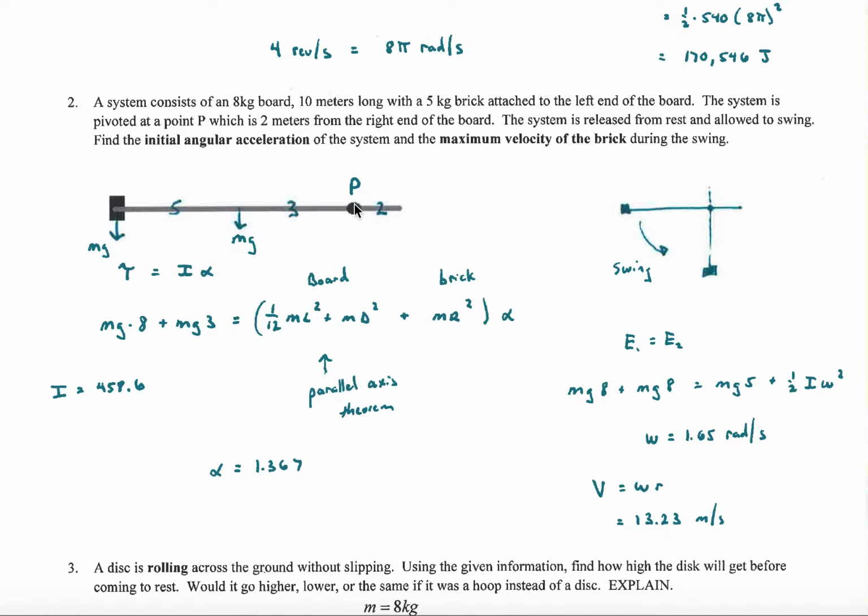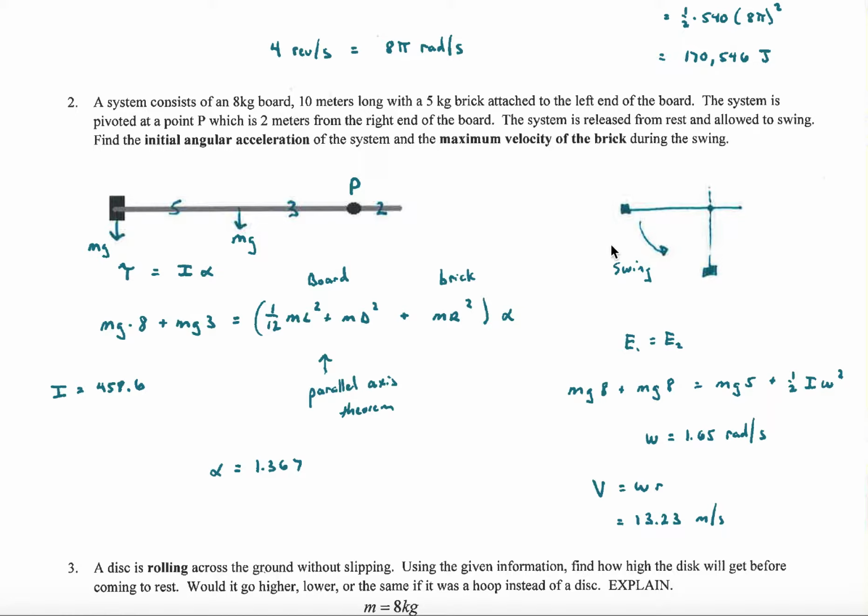It's how far you move the pivot from the center of mass. So then this right here is the board, this is the brick, and the moment of inertia of the system is the board plus the brick. So we have torque equals I alpha, and then if that's the I, we can find alpha.